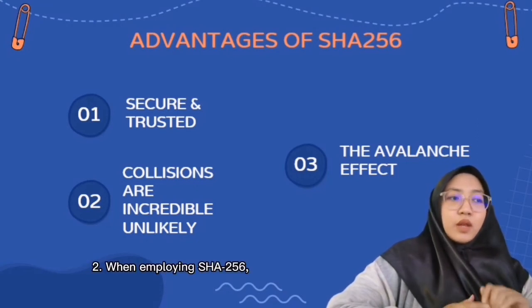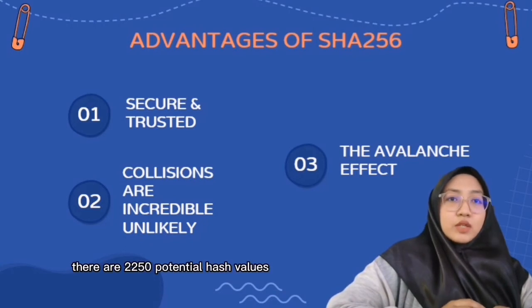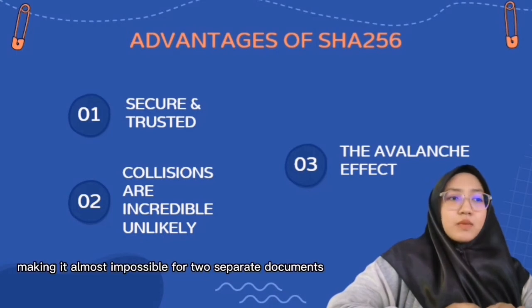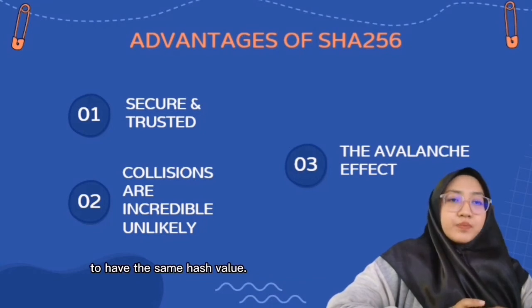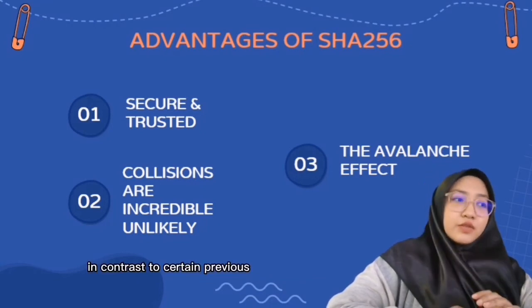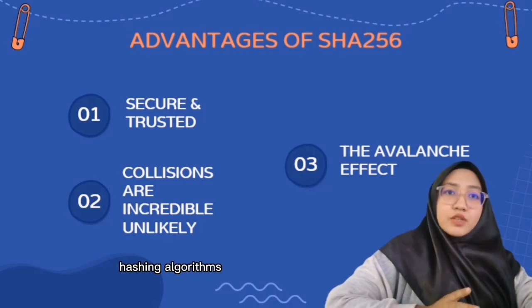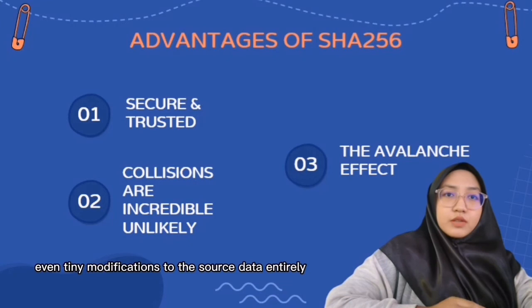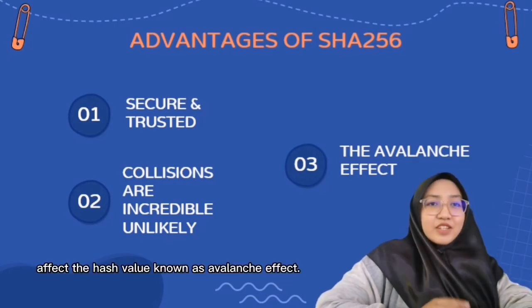Second, when employing SHA-256, there are 2^256 potential hash values, making it almost impossible for two separate documents to have the same hash value. Third, in contrast to certain other hashing algorithms, even a tiny modification to the source data entirely changes the hash value. This is known as the avalanche effect.